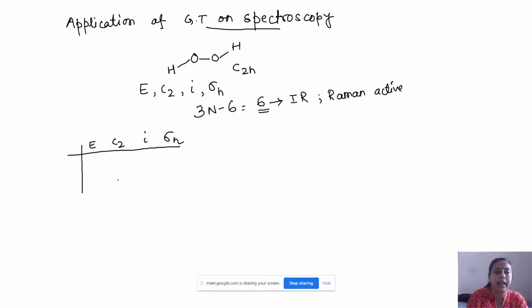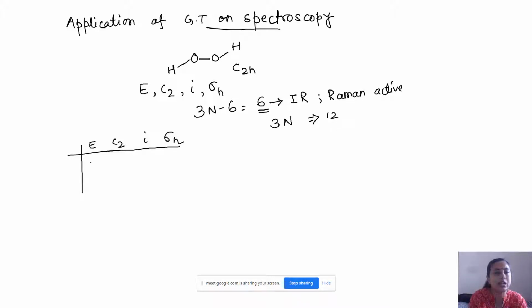Now if we take a 3N displacement vector as our basis vector, as there are 4 atoms, there are going to be 12 basis vectors. I know that under the symmetry operations where the atoms are unshifted, only those atoms contribute to the diagonal elements, so they contribute to the character of the matrix representation.